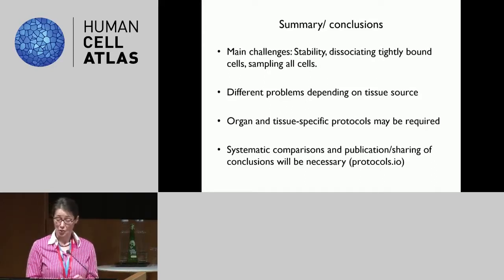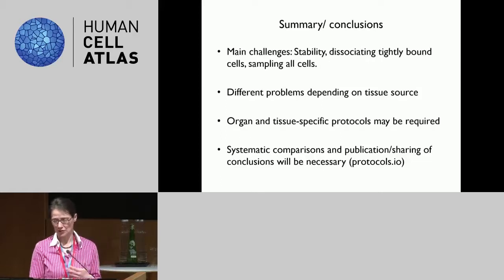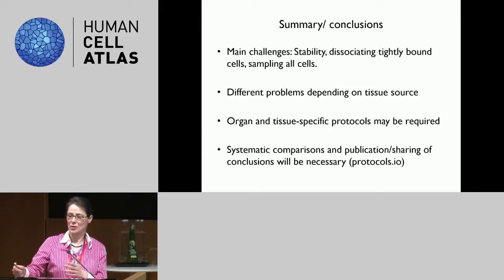I think we're going to need organ and tissue-specific protocols, and actually these really routine, systematic comparisons are going to be essential, but not just for us to do them in our individual labs, but for us to share them, either by publishing them or actually sharing them, for example, on protocols.io. And I think then people, say, looking at the kidney can see what people who are looking at the lung are using and see the things that we might be able to apply.